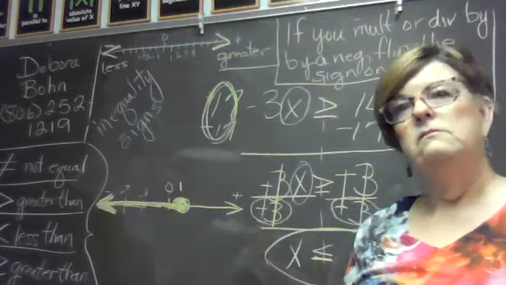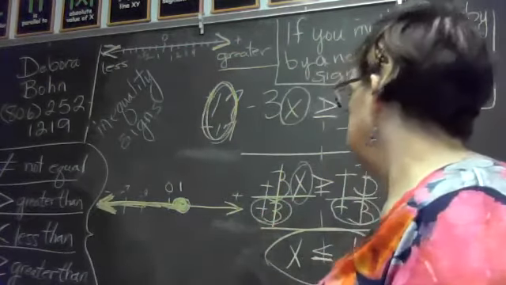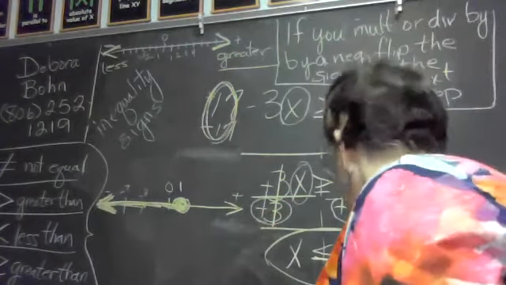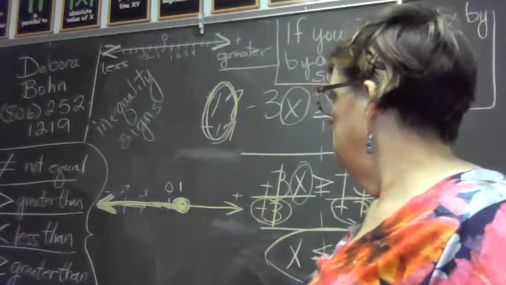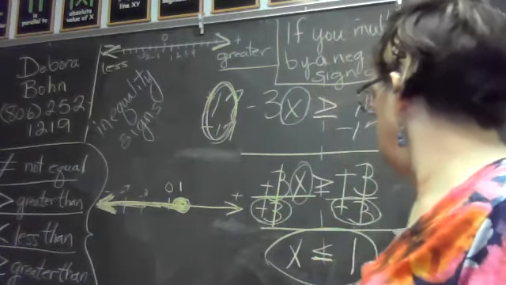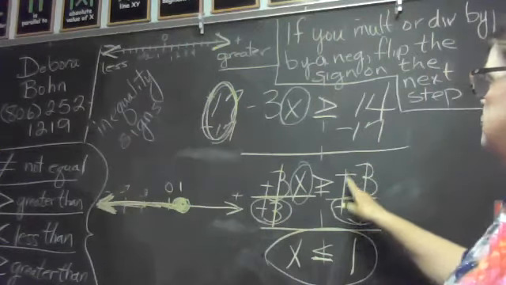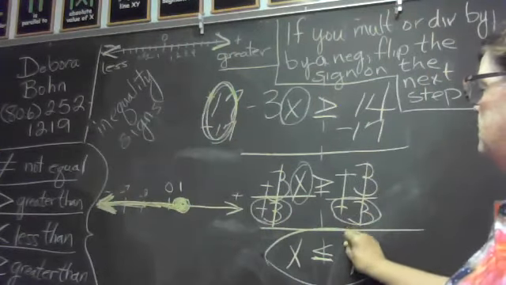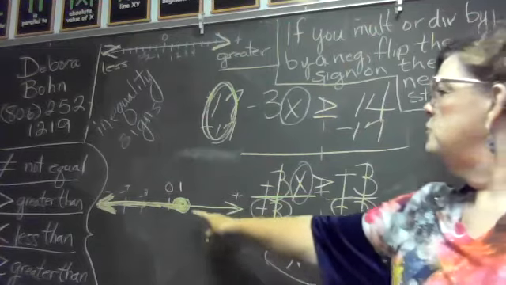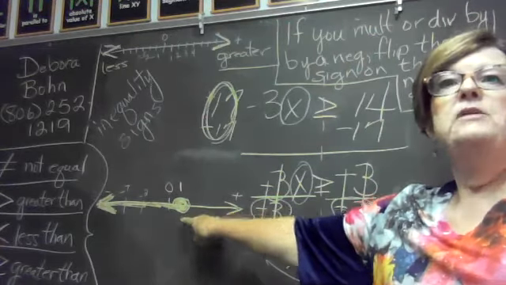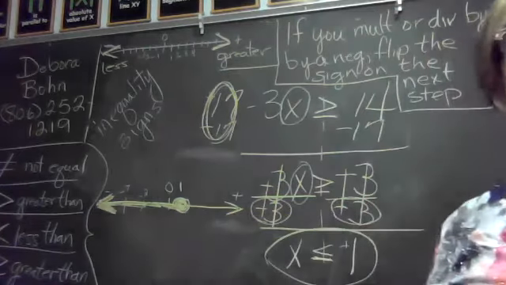Then why is it on the other side of the 0? If it's less, would it be a -1? No, because the two negatives canceled each other and made it a positive one. So that's why I made the positive one be the important number. Good questions.